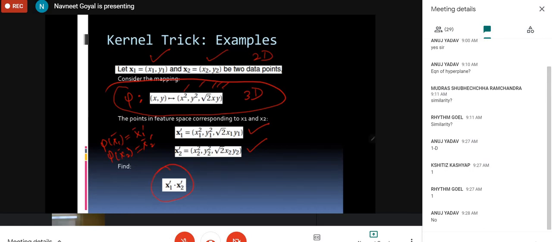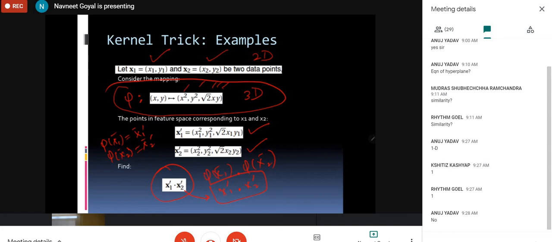Now I am asking you to find x1 dash dot product x2 dash. So that means basically I'm asking you to find phi x1 dot phi x2. This is nothing but x1 dash dot x2 dash. So how will I find this?